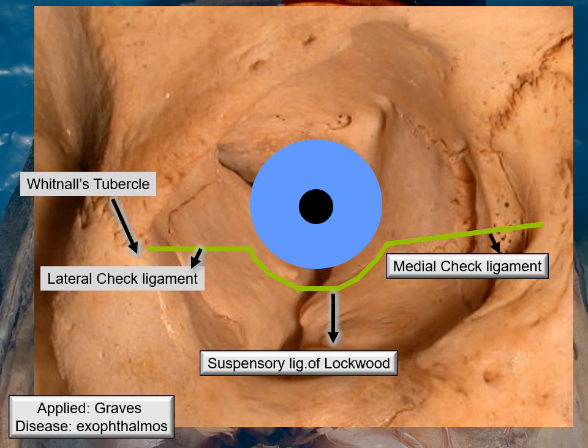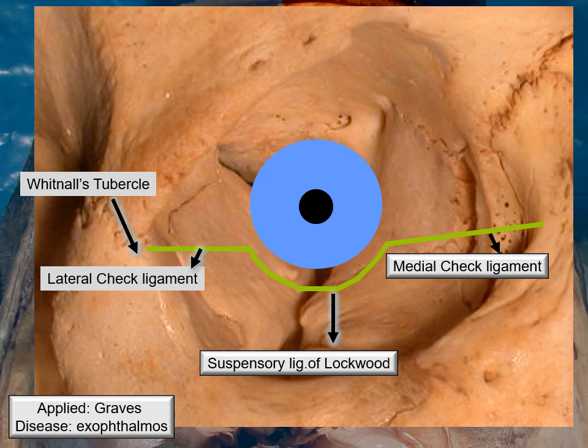You can see that the eyeball is hanging in the middle of the orbital cavity. How is this possible? There is a condensation of fascia called the suspensory ligament of Lockwood, because of which the eyeball is kept intact. Otherwise it would have fallen off towards the floor. It is not so because of the integrity of this ligament.